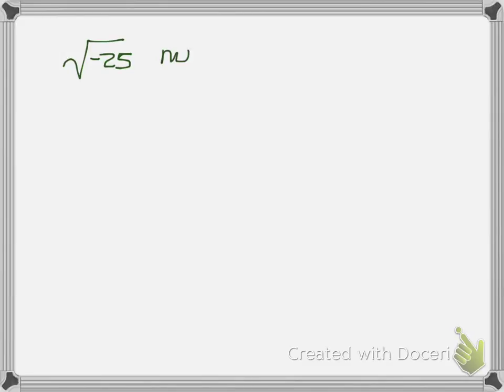It's not real. Now, if I'm in the complex section, I could simplify that because you guys have started talking about complex numbers, and the negative under a square root makes an i, and the square root of 25 is 5. So I could say that this is 5i, or I could say that it's not a real number.